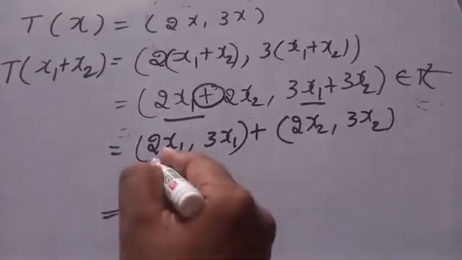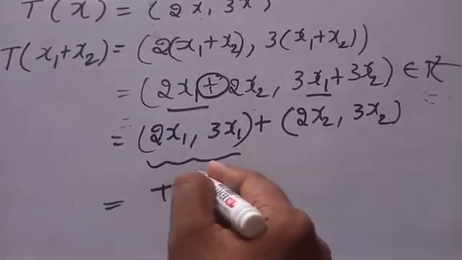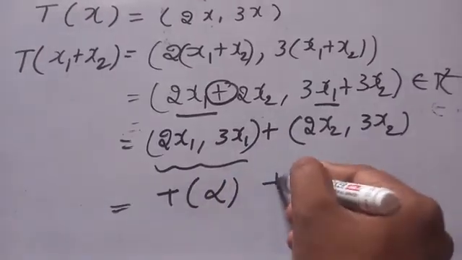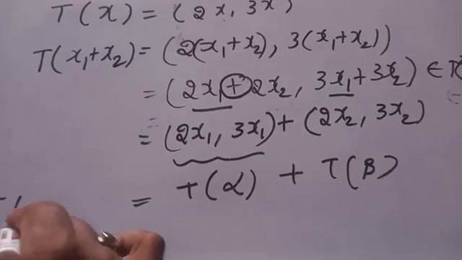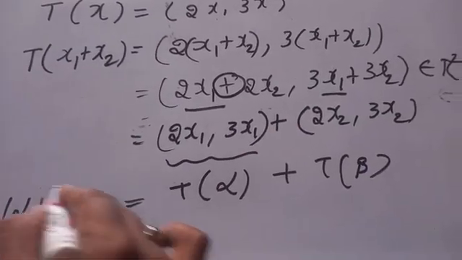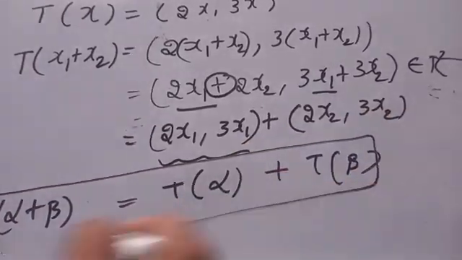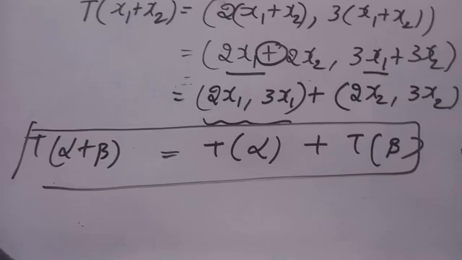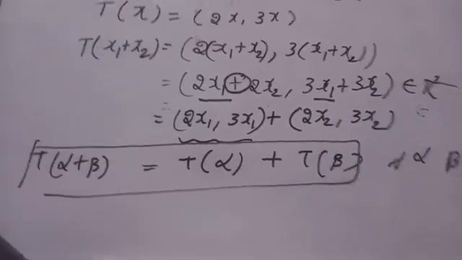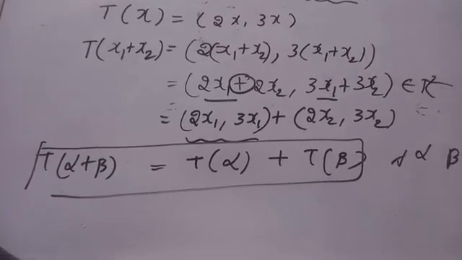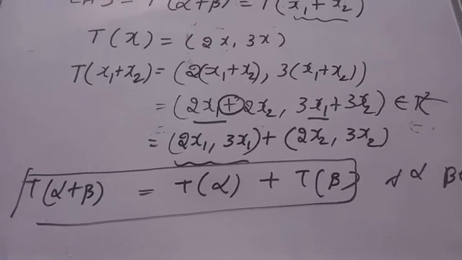So (2x1, 3x1) is T of alpha and (2x2, 3x2) is T of beta. So T of alpha plus beta is equal to T of alpha plus T of beta for all alpha, beta belonging to V. So T is closed under vector addition.